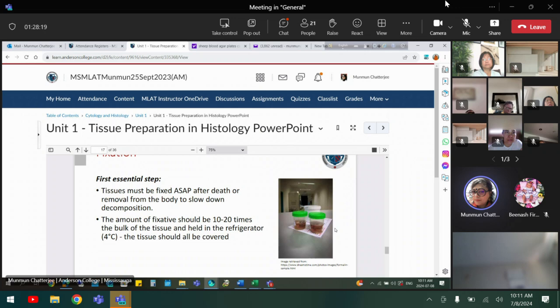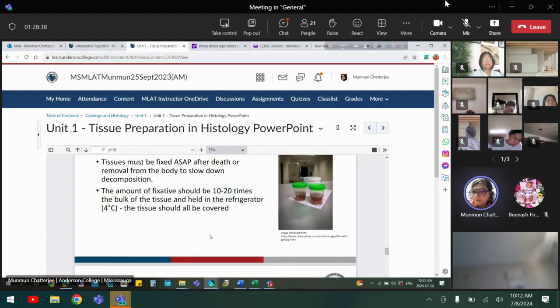The amount of fixative should be 10 to 20 times. This is a very important question. Okay. Why do you need to fix the tissue ASAP? To slow down decomposition. What is the amount of fixative? 10 to 20 times the bulk of the tissue, and held in the refrigerator.